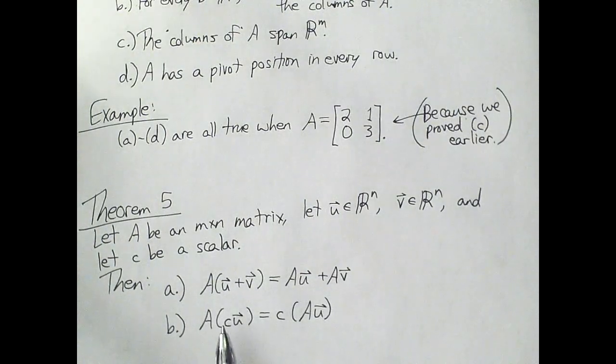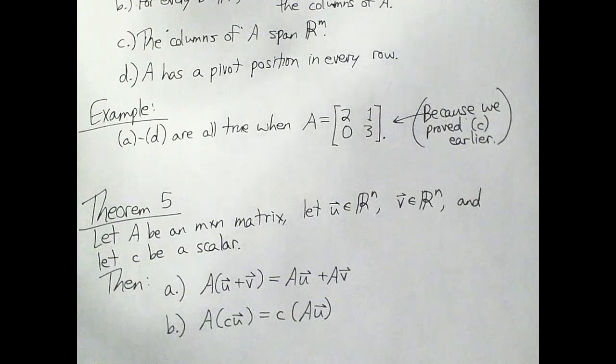Part B is a little bit weird. It says C is a real number. So this is when you have a matrix, a real number, and a vector all in the same problem. And it's saying that you can pull the real number out front. And I would kind of expect that, since real numbers can usually be pulled out of things.